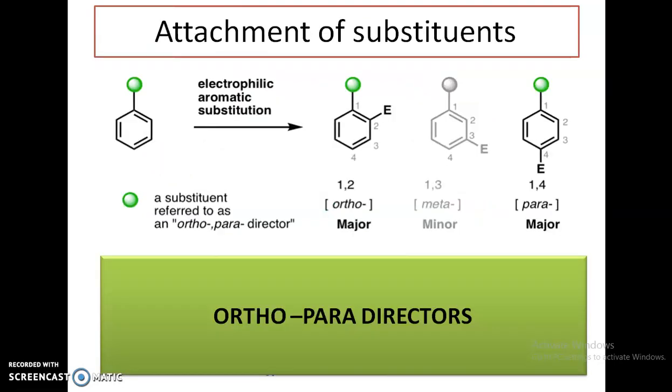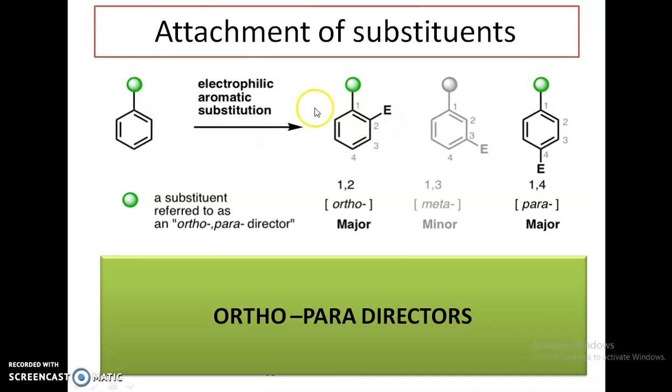Okay, let's go ahead. Attachments of substituents. It is very important to know that whenever I have an aromatic species, it is not only benzene. They have also substituted benzene. So when I have a substituted benzene and an electrophilic aromatic substitution taking place, one of the hydrogens of benzene would be replaced by the incoming electrophile, which is electron deficient.